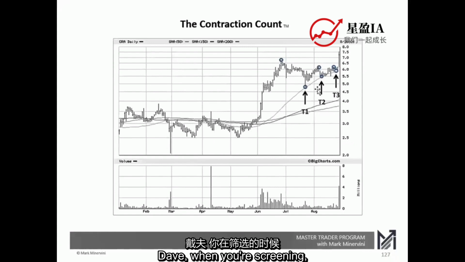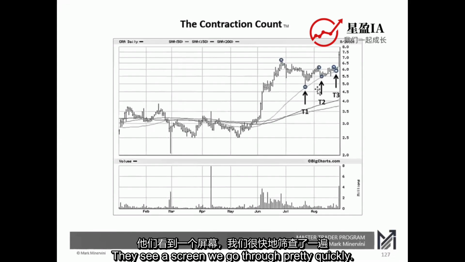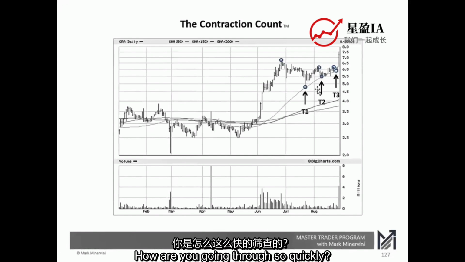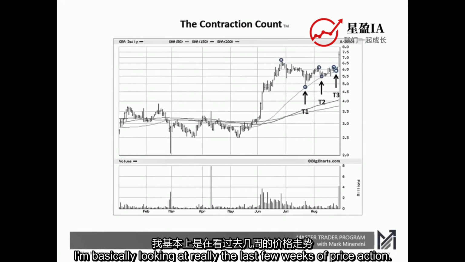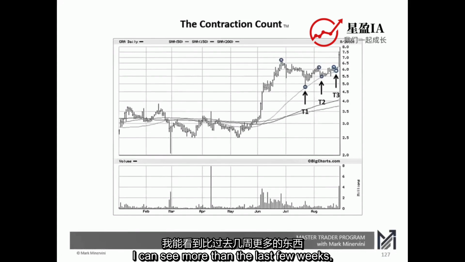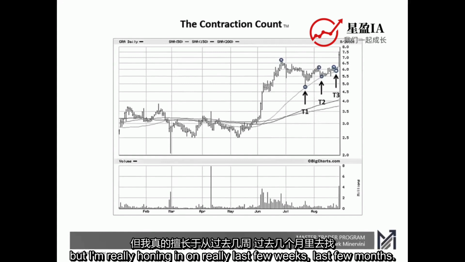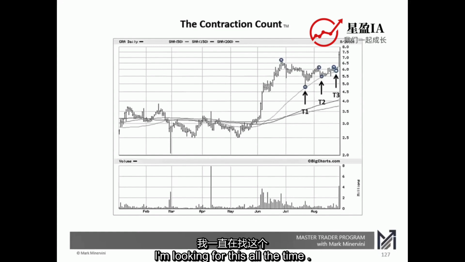Dave, when you're screening, some people ask how you go through them so quickly. What are you looking at when you're going through the screening? I'm basically looking at the last few weeks of price action. I can see more than that, but I'm really honing in on the last few weeks, last few months, and I'm looking for this all the time.